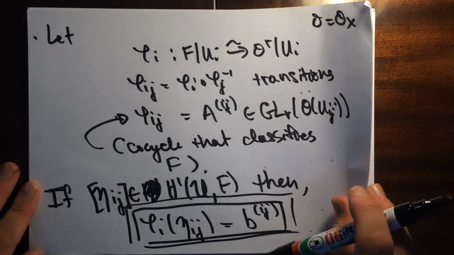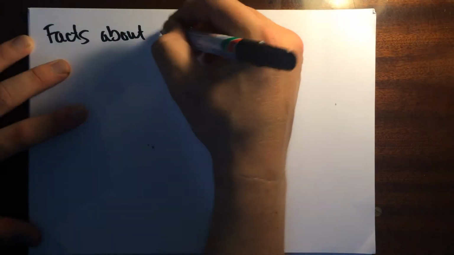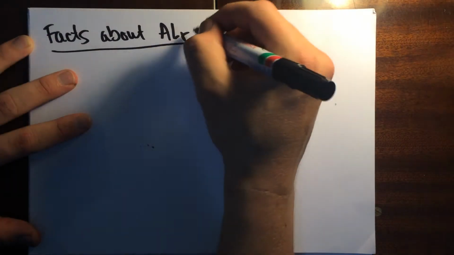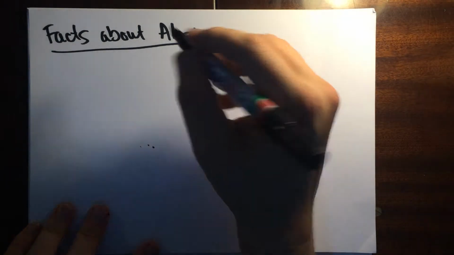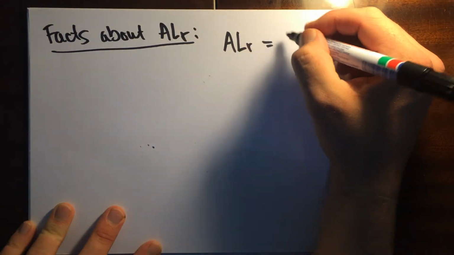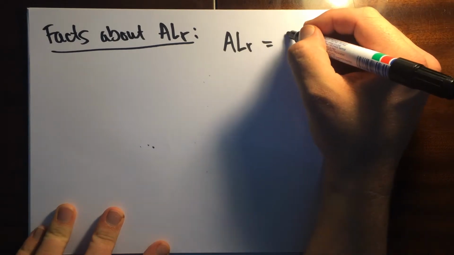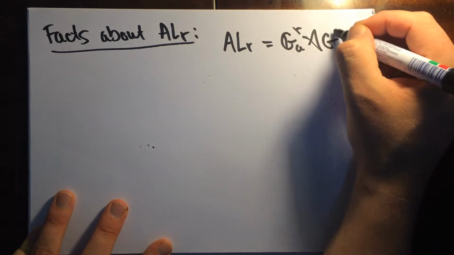First, let's recall some facts about the affine linear group, so that we just have some footing. This is kind of more generally about semi-direct products, but this is the group which is a semi-direct product, where you have G_a to the R, and it goes like this on GLR.